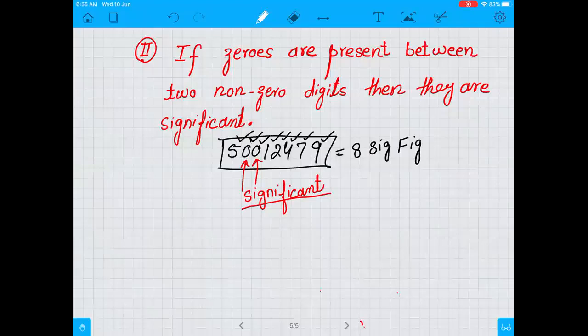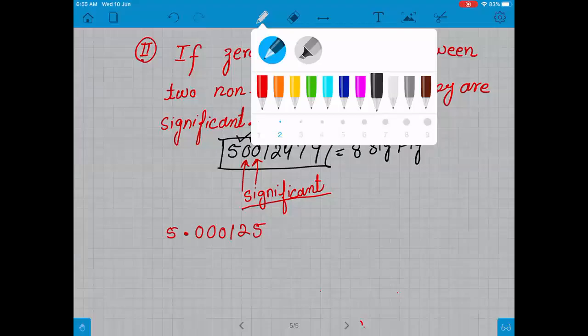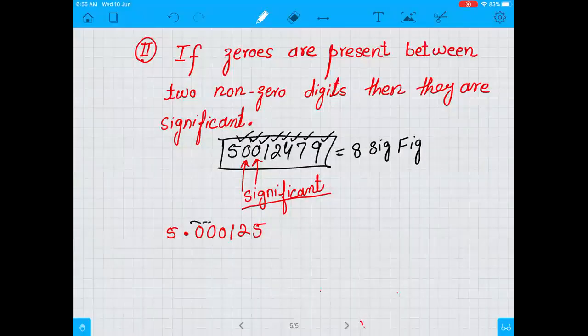You have a number 5.000125. Now what about these zeros? You see these three zeros appear between non-zero digits. So these three zeros are significant. Whenever you have zeros which are between non-zero digits, they are always significant. And as a result, how many significant figures are there in this number? 1, 2, 3, 4, 5, 6, 7.